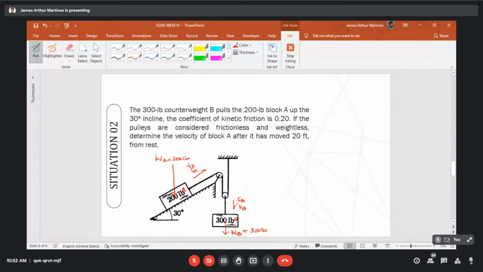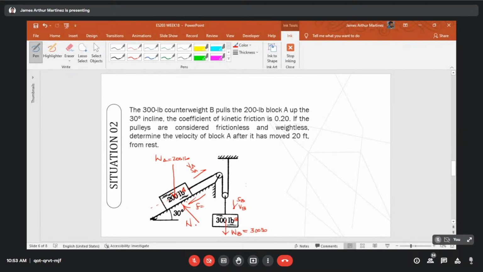Since block A is in contact with a surface, there is a normal force. If the motion of the 200-pound weight is upward, and we make this our local x-axis to the right, then the frictional resistance force is in this direction in this sign convention.